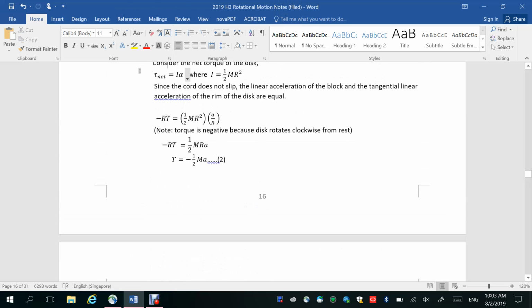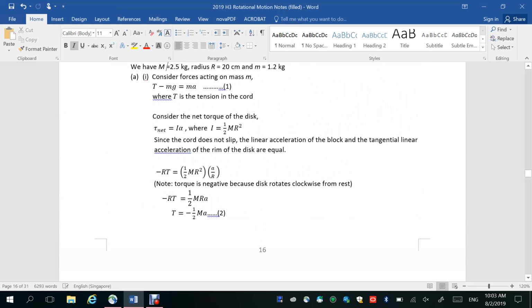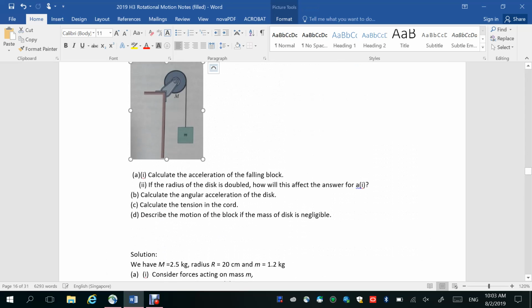Some of you asked whether in A part 1, it is okay to ignore the sign convention that anti-clockwise is positive, and then after I get the magnitude for acceleration, deduce the direction. You can do it that way.